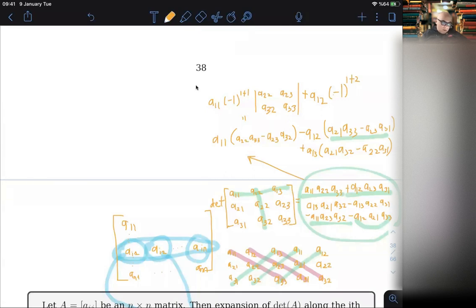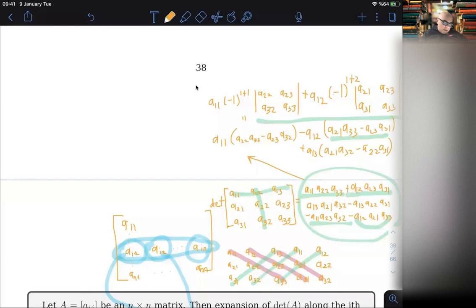So it is the determinant of A21, A23, A31 and A33. Oh, I don't have a space, so let me erase here. So the final thing is this term. So I also have this term.